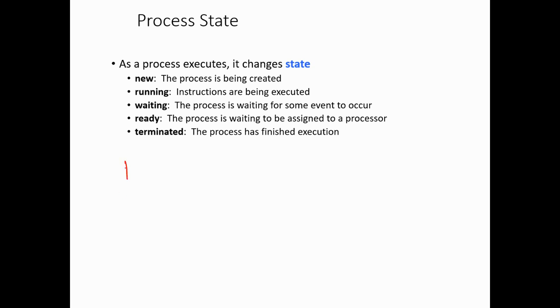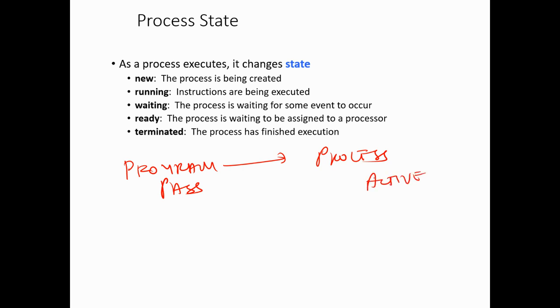We said that when a program is changed into a process, am I right? Yes. Why? Because a program is a passive entity, a process is an active entity. So we change the program to a process by loading the executable file into memory. Then the process will start executing.